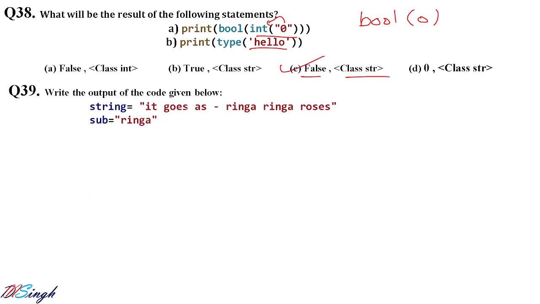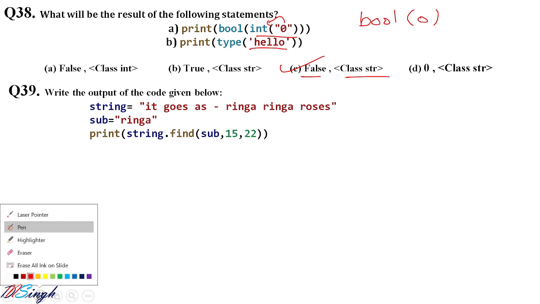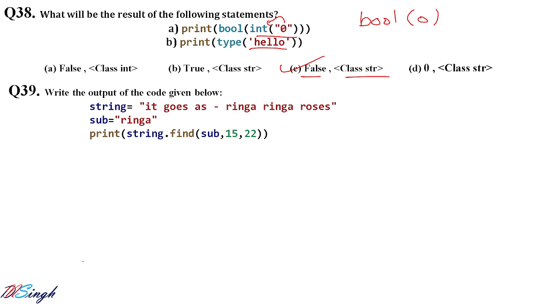Question number 39: ringa ringa roses, substring ringa. The find function will take 3 arguments. The substring is ringa, which you need to search from index 15 to index 22. So counting 0, 1, 2, up to 14 and 15, it will start searching from there, and after 15, 16, 17, 18, 19, 20, 21 and 22, it stops searching.